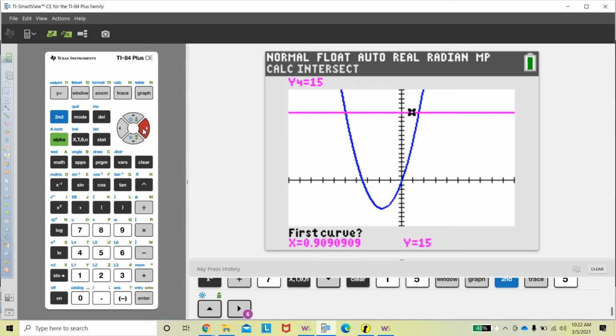If you're the kind of person that needs calculator directions, that's a good thing to write down. To get the intersection points, plural, second trace number 5, move your cursor to one of the 2 intersection points, enter 3 times. Bang, bang, bang. So 1.5 is one of our answers.